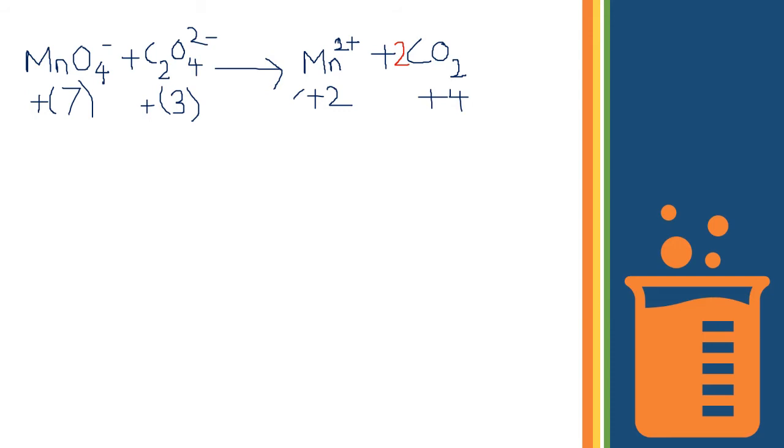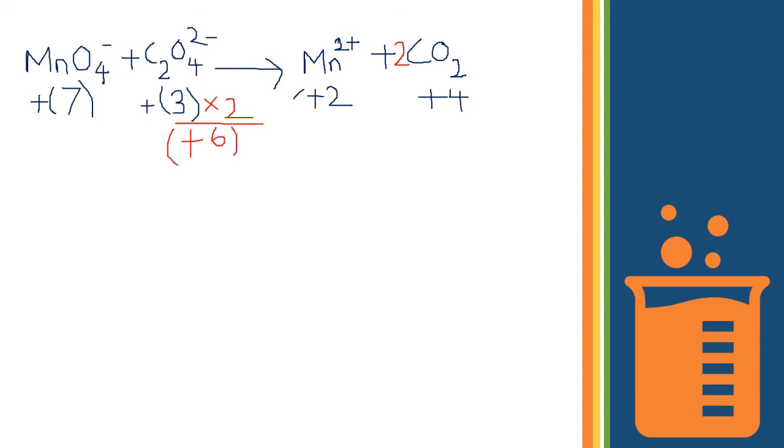And it's done. So after that we have another step to balance the oxidation numbers too. Here +3 is the oxidation number of one carbon atom. Since there are two carbon atoms present here, we have to multiply the oxidation number by 2. So the oxidation number is transformed into +6.